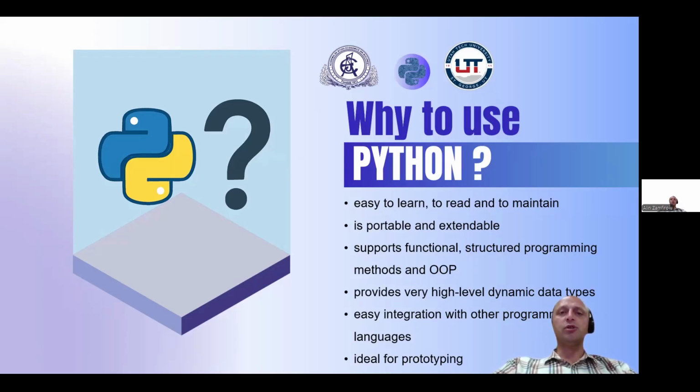Actually, it's very important now because if you have any apps that are already made, it will be very important to connect to those already developed applications, and that's why Python makes this integration very easy. So that's why it's a very good programming language. Exactly like I said before, it's ideal for prototyping because we can do very fast development in Python.